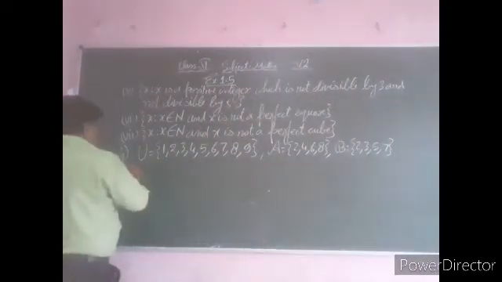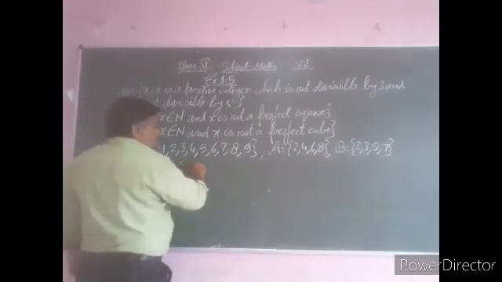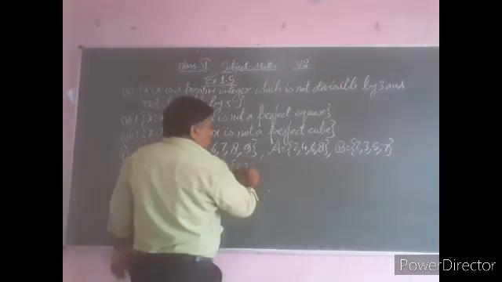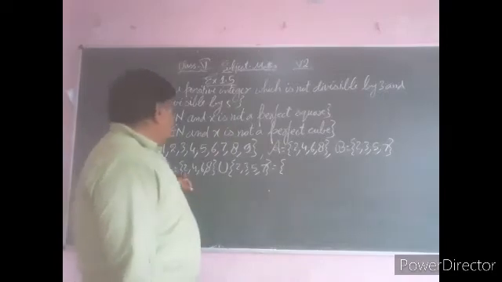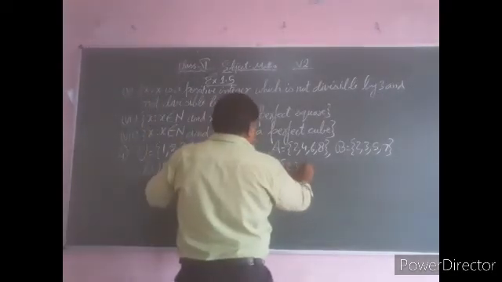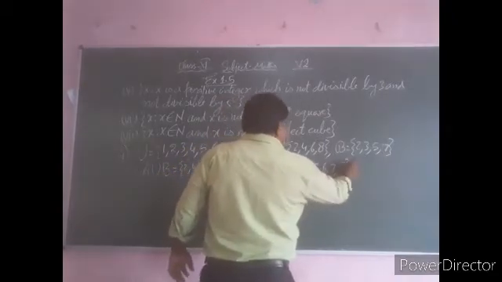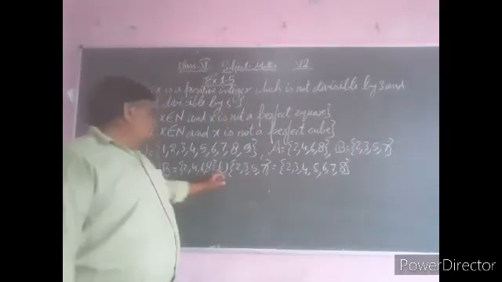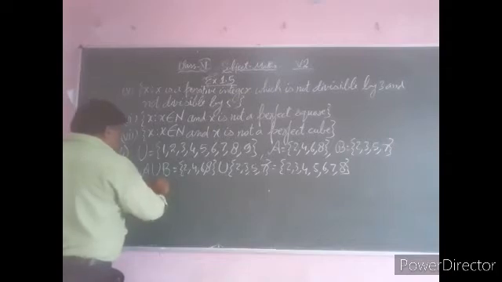So for this, first of all, find out A union B. A union B is equal to 2, 4, 6, 8 union 2, 3, 5, 7. So it will be 2, 3, 4, 5, 6, 7, 8.